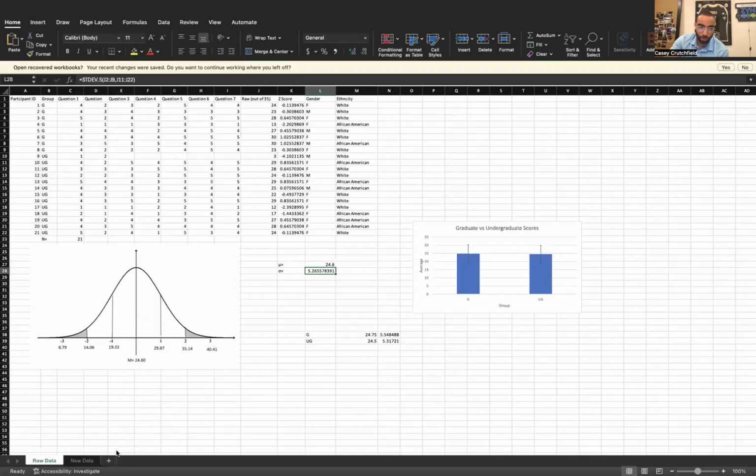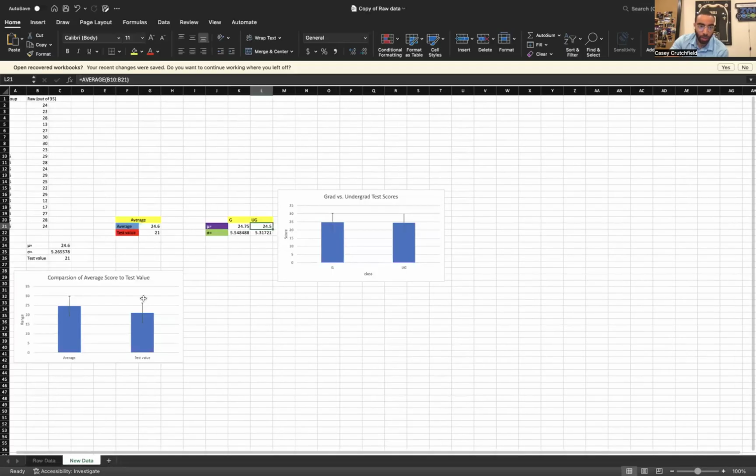And then I went back to Excel and I did my bar graph. First, I had, once again, my mean, standard deviation, and my test value.